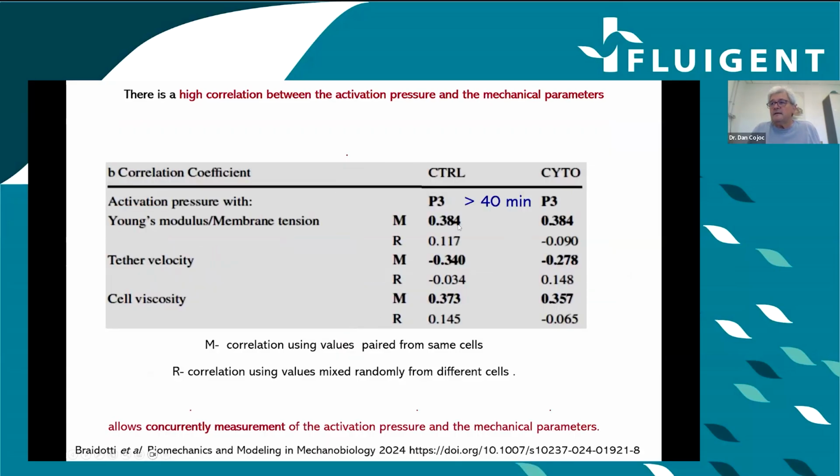What we observe again is that after 40 minutes there is a strong correlation, both for control and cyto, for the cells we measured. If we mix the cells, so we take the activation pressure randomly and the mechanical properties randomly and couple them, then there is no correlation. So this indicates that indeed at the single cell level, we have a correlation between mechanics and Piezo1 activation, both for control and cyto.